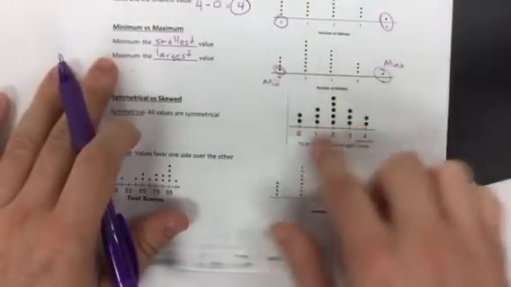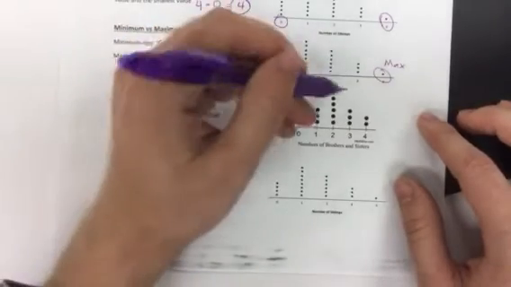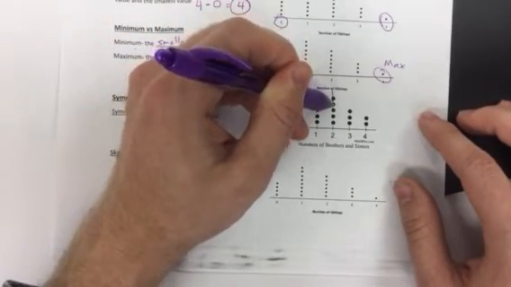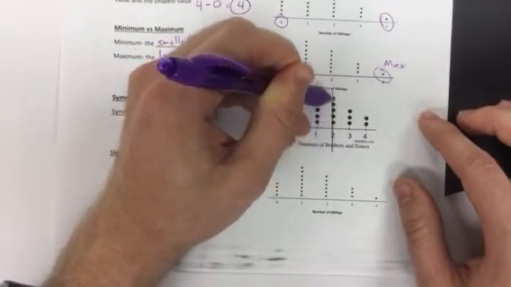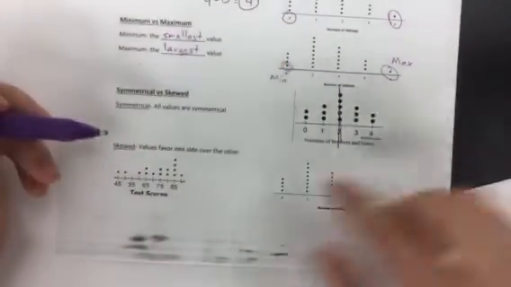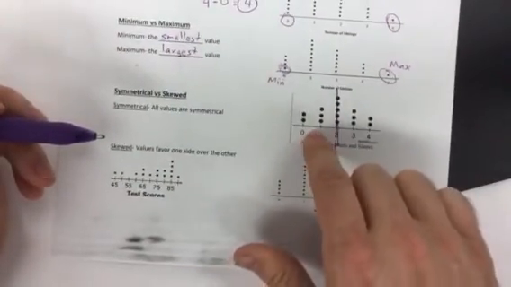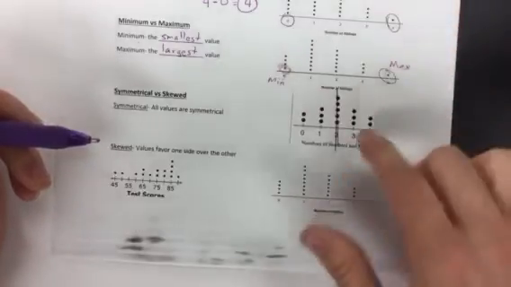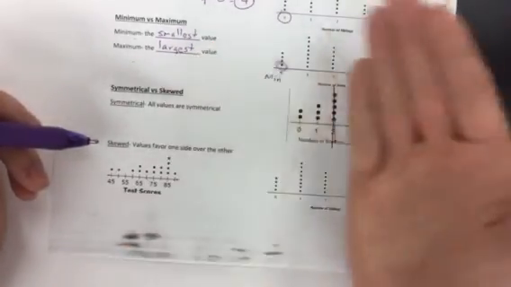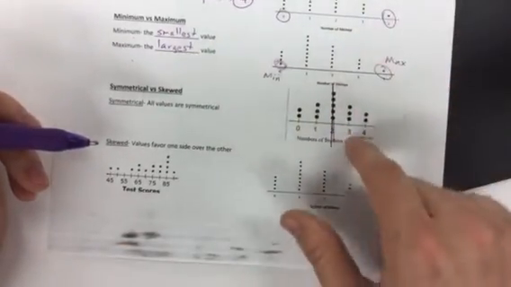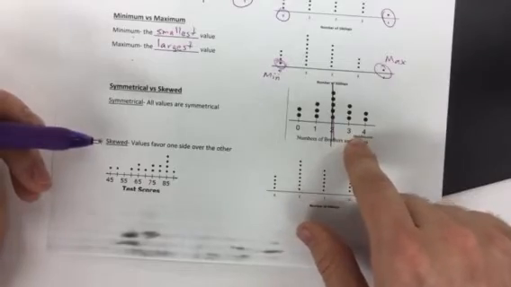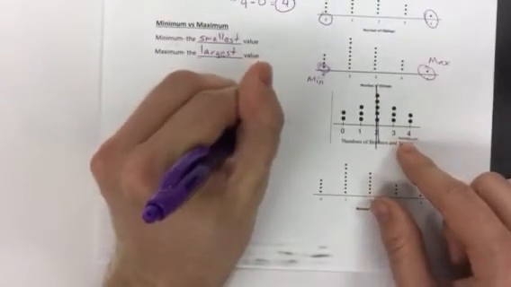And so if you look at this, about halfway through this graph is about right here. So if I drew a line and just cut this in half, does this side look like it mirrors this side? If I flipped it over, would it look like this side? And it does. So this is symmetrical.